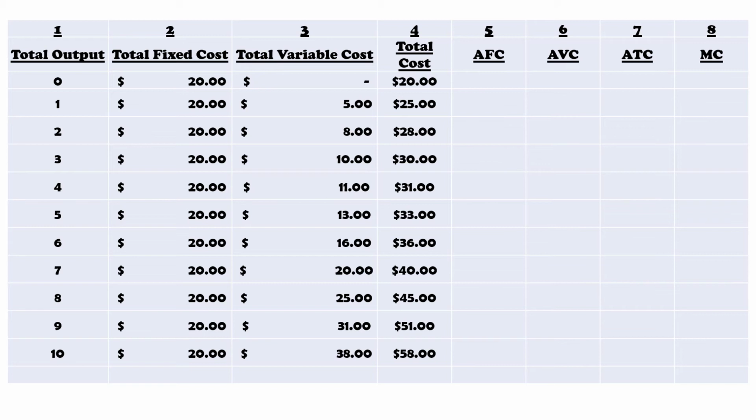So the average fixed cost at 1 unit would be $20. Recall I said the average fixed cost is going to be decreasing as output is increasing. So at 2 units of output, the total fixed cost divided by the output, $20 divided by 2, would be 10.